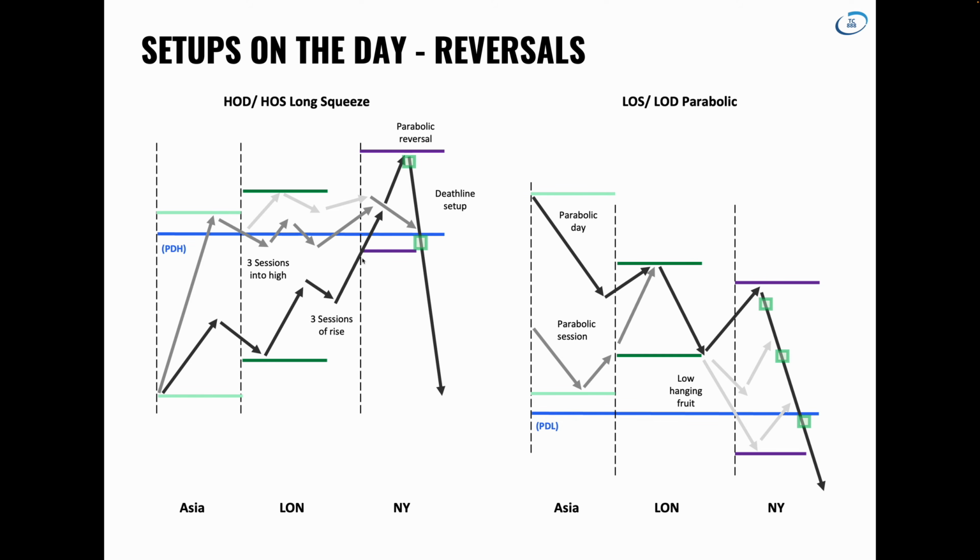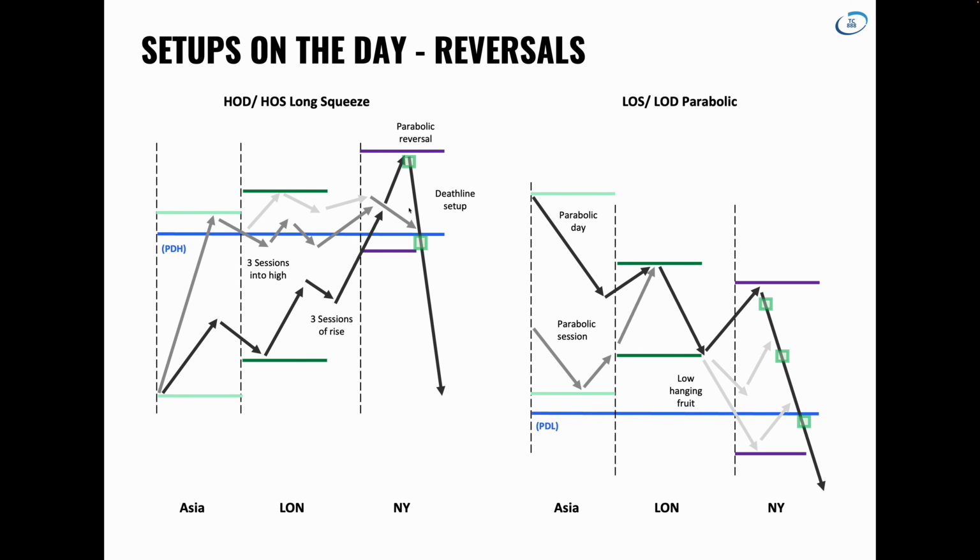Reversal into downtrend, meaning potentially Asia coming back up, breaking out the previous day high. And then the question is, you have potentially 3 sessions into a high failing, or it breaks out and you have 3 sessions trading above the previous day high, trapping volume, and then you have a deathline setup. That's even stronger.